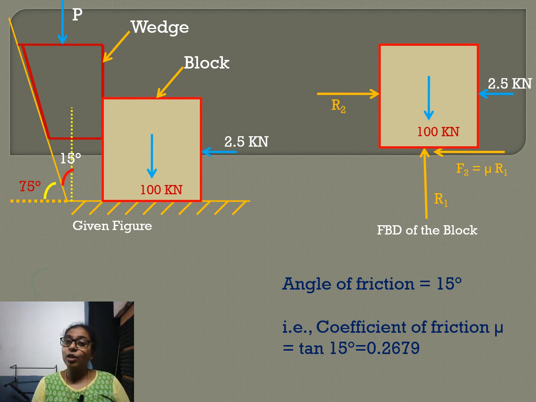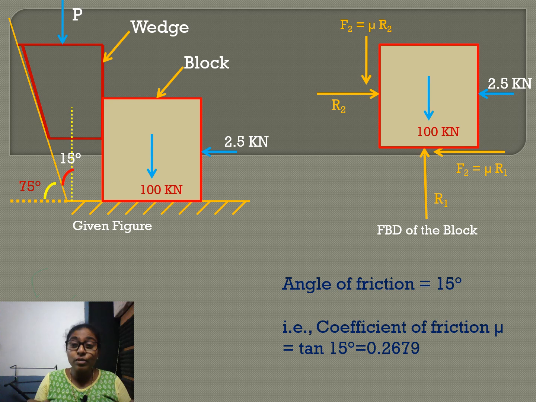Now there is another contact between the block and the wedge. The force acting normal to this contact surface is taken as R2, and we know that the wedge is moved downwards. When the wedge is moved downwards, the movement experienced by the wedge will be downward, and the movement experienced by the block will be upward, so that the frictional force experienced by the block will be opposite to the movement of the block.